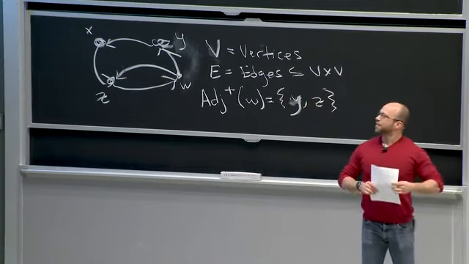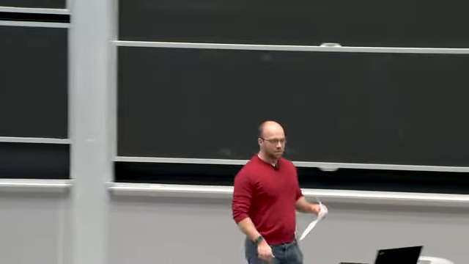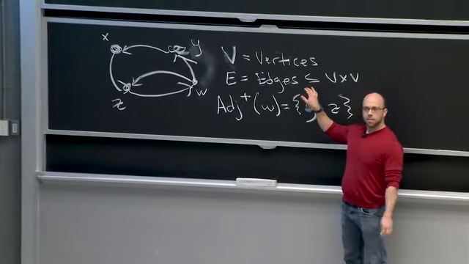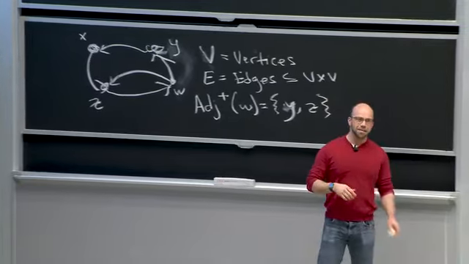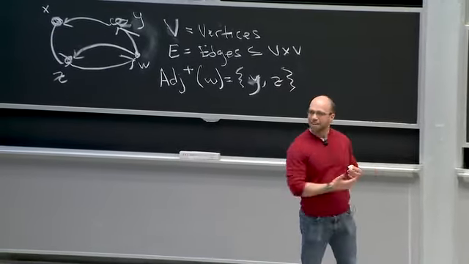To continue our tiny amount of review for the day, remember that there are many different ways to represent a graph. The brain-dead one is just a big, long list of edges, but for our algorithms, that's not an efficient way to check things like, does this edge exist in my graph?